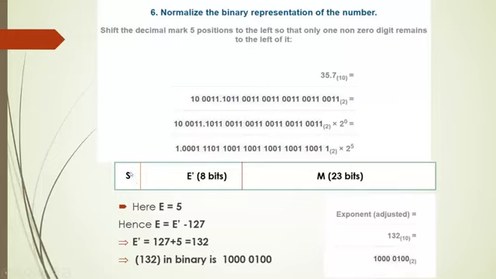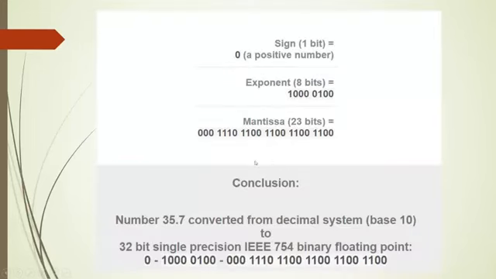So if it is a positive number, the sign bit is 0. This is 132, that is E dash, and the rest of the mantissa is written here. So totally you can write it this way, that is the exponent and the mantissa. Alright, so 35.7 can be represented as 0 and the exponent along with the mantissa.